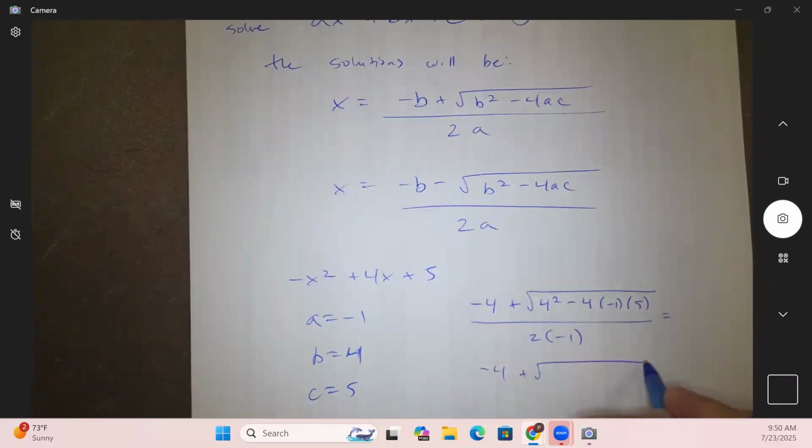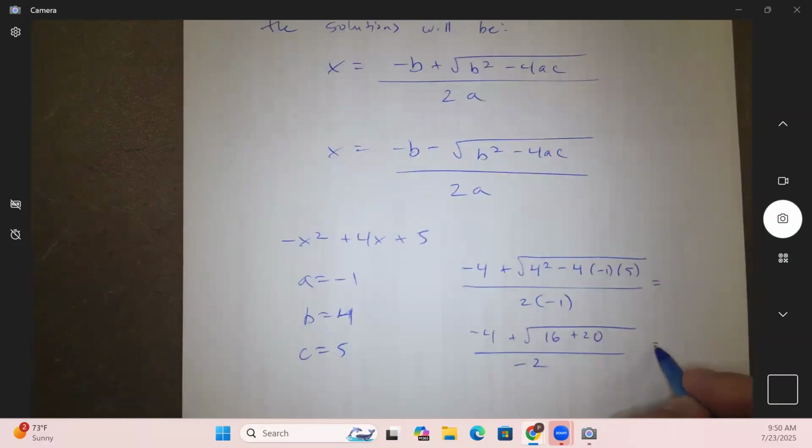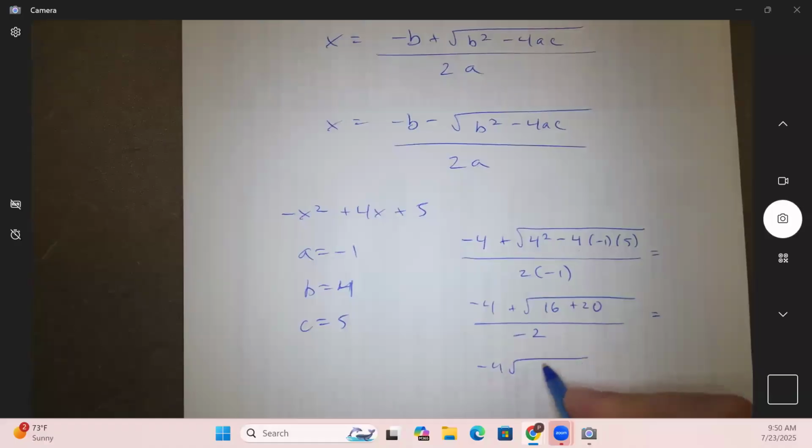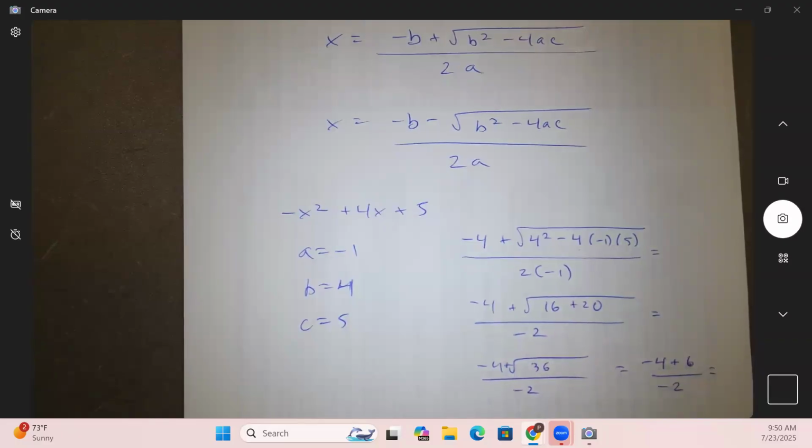That's -4 plus, that's 16, that's plus 20, and that's -2, which is -4 plus the square root of 36 all over -2, which is -4 plus 6 all over -2, which is 2 divided by -2, which is -1.